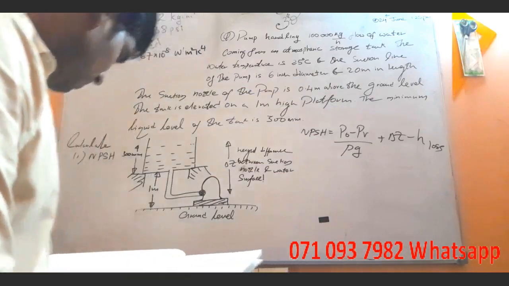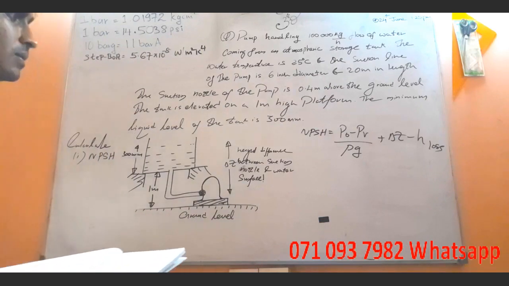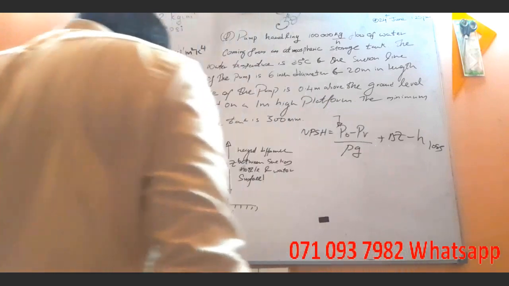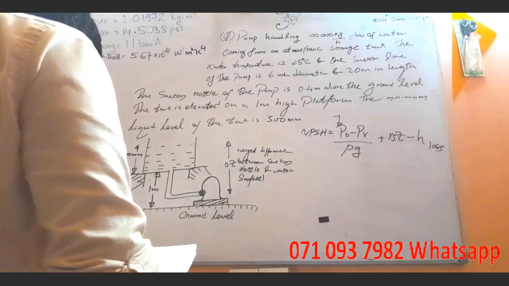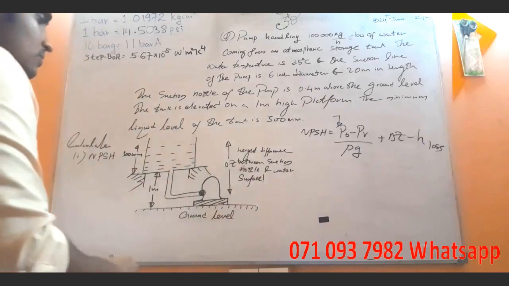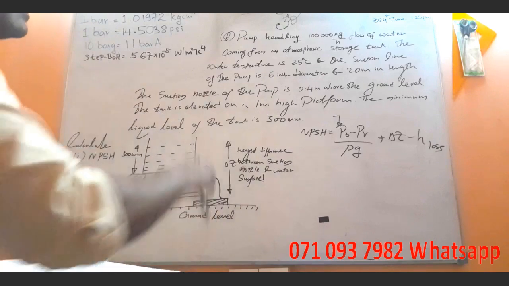So now let's see, what is P naught? P naught is the water pressure at the top surface. What sort of storage tank is this? Atmospheric storage tank.